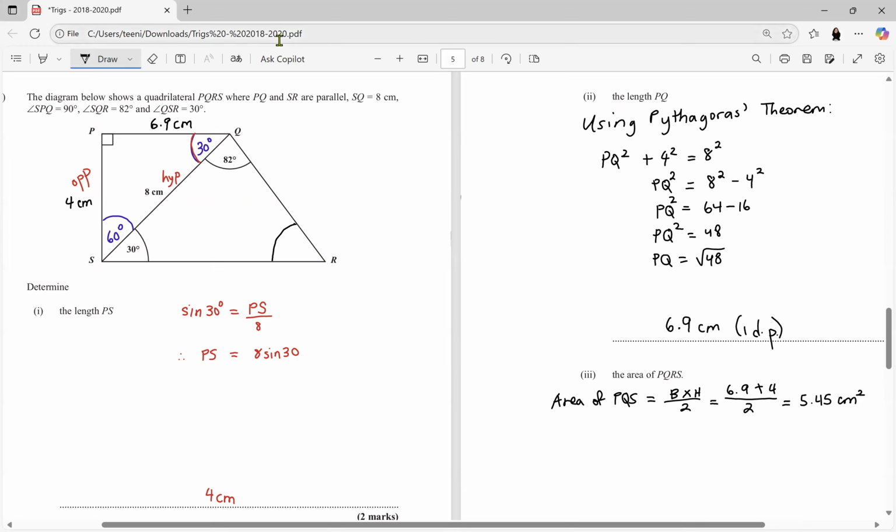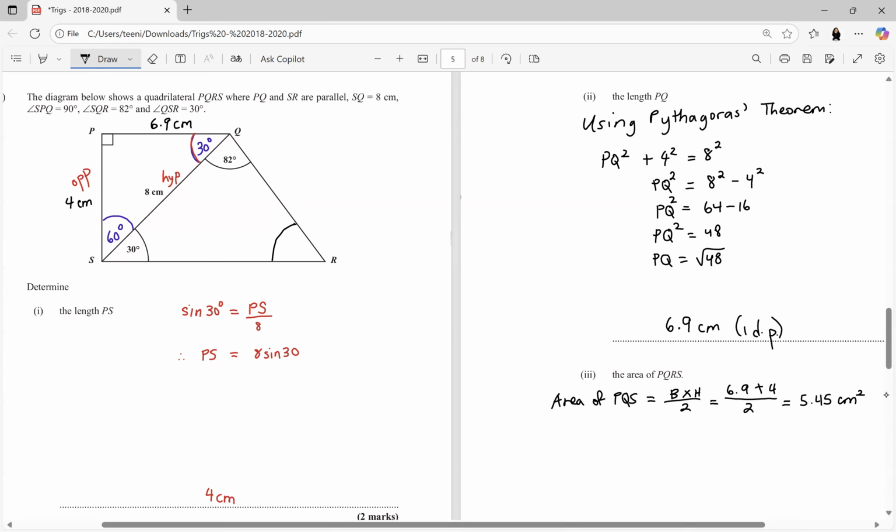Yes. How would we do it? I think the angles are out of 180, right? So we add 30 to 82, and whatever that is, the remainder will be the angle. It'll be 180 take away the sum of those two.